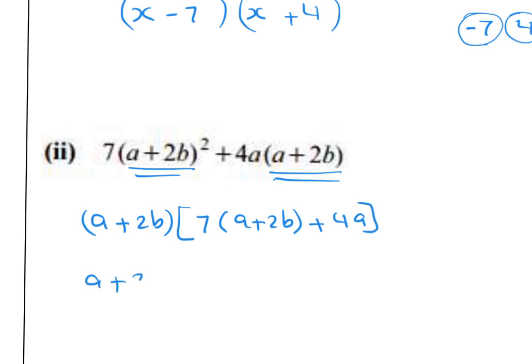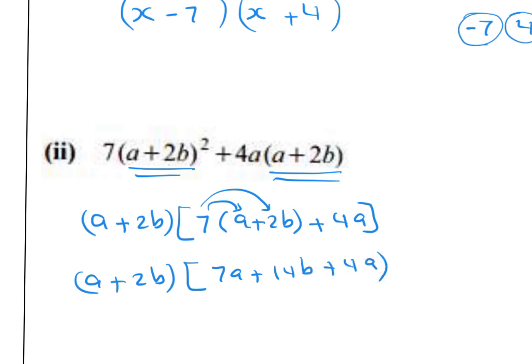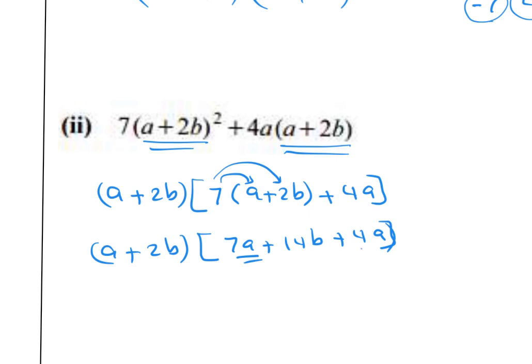You can simplify more. 7 times a and 7 times 2b, 7a plus 14b plus 4a. Seven a and 4a, you can add them because they are like terms. So a plus 2b times 11a plus 14b.